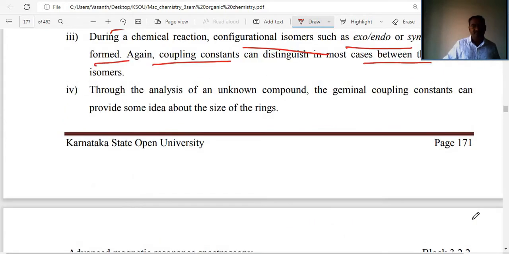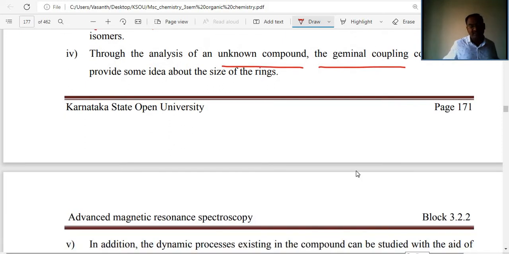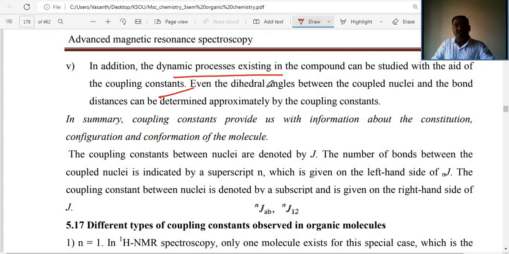Through the analysis of an unknown compound, the geminal coupling constant can provide some idea about the size of the ring. In addition, the dynamic processes existing in the compound can be studied with the aid of the coupling constant.